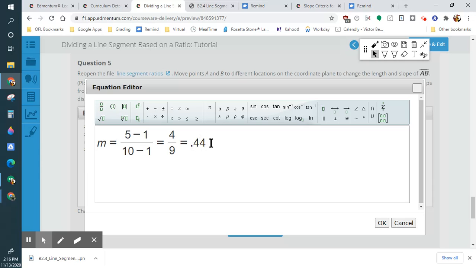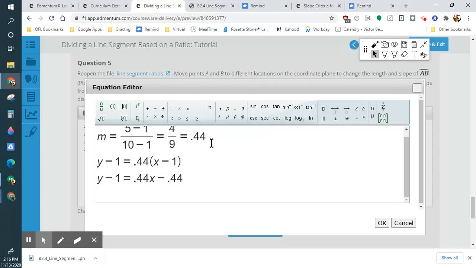4.44. I'm just going to use 2 decimal places to make it simple. So when I put this in, I'm going to put it in as y minus 1 equals 0.44x minus 1. So the next line is y minus 1 equals 0.44x minus 0.44.